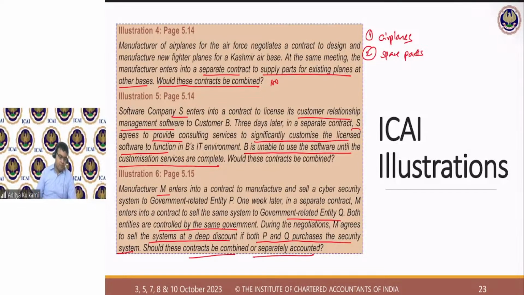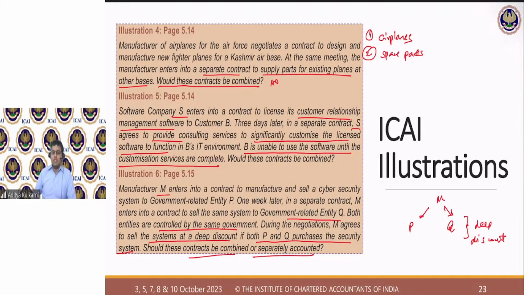All right. Now, M enters into a contract to sell a cyber security system to P, and 1 week later, it also wants to sell it to Q. Because it is selling to both of them, the agreement is we are going to give a deep discount.